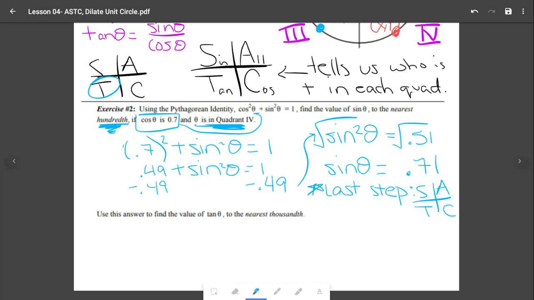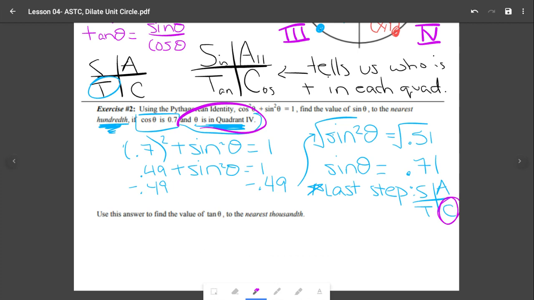Again, this is telling us who is positive in each quadrant. All of trig is going to start telling you which quadrant you're in. So right now we are in quadrant 4. So here's quadrant 4. There is a C there. Remember, this is telling us who is positive in each quadrant. C stands for cosine, which tells me only cosine is positive in the 4th quadrant.